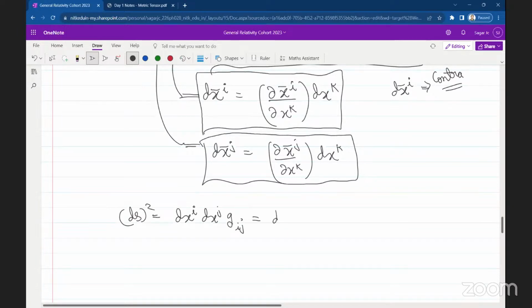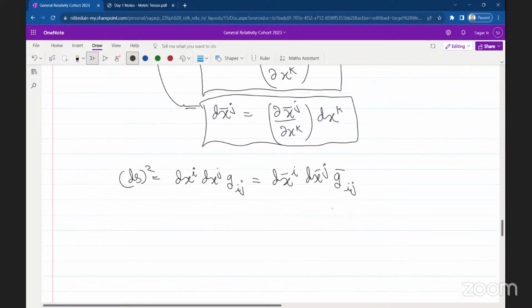That is also equal to g bar ij dx bar i dx bar j, right? So these two are the same. So I'll substitute dx bar i and dx bar j by the above expressions. So it will be ∂x bar i by ∂x_k dx_k, and ∂x bar j by ∂x_l dx_l, into g bar ij.